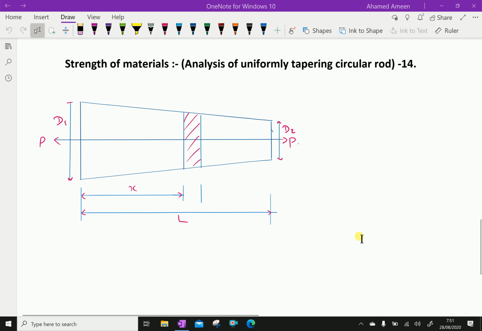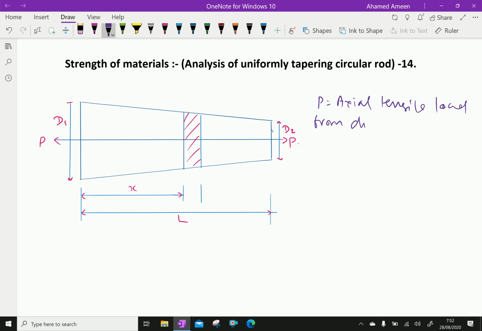Now, let us write the given things. P equals axial tensile load, from diameter D1 at one end and diameter D2 at the other end.